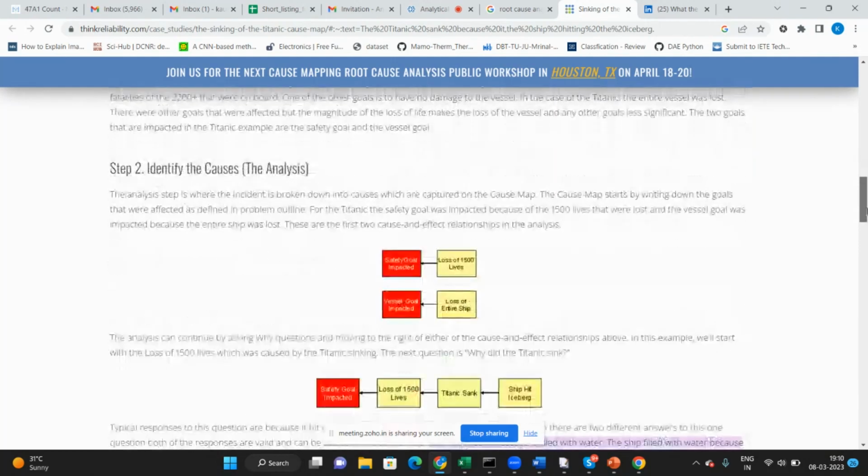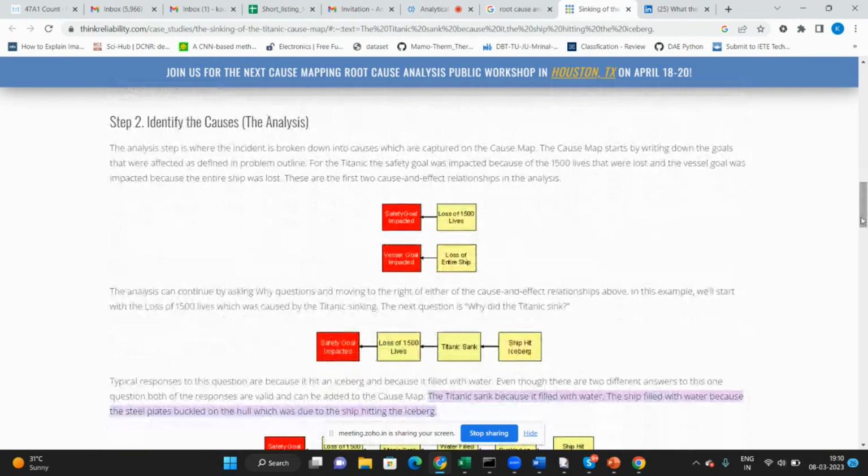Now the basic cost is loss of life and the entire ship, which is safety and the ship structure. So the ship hit the iceberg, then the ship sank. It resulted in loss of life, which compromised the safety goal of the ship.